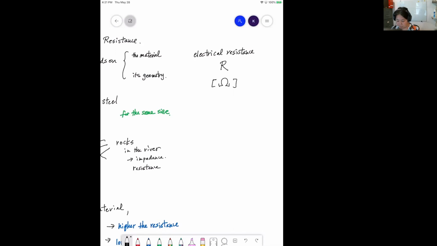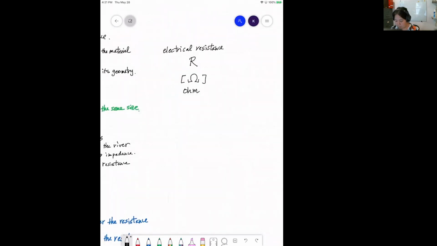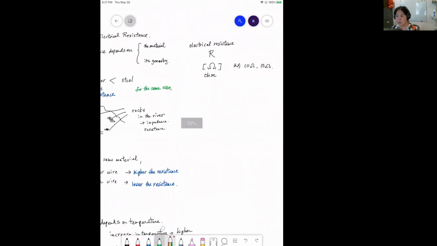The unit to describe it is ohm. This is the Greek letter omega, uppercase omega, and that's what we use. So you might hear examples like 10 ohm, 15 ohm, that kind of thing.